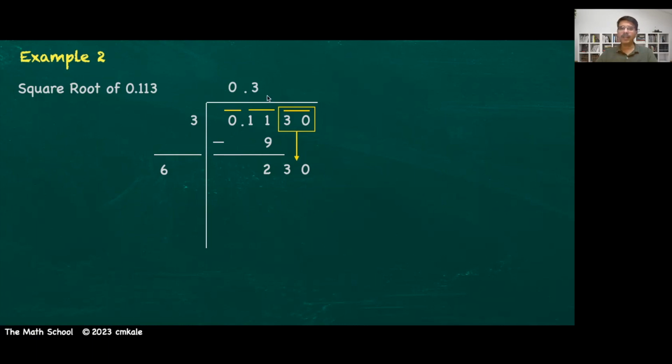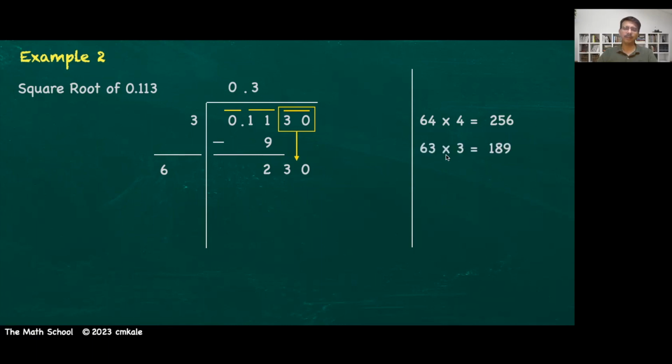Now we need to find the second digit of the solution. So 6 into 10 is 60, right? 6 into 100 is 600. And 60 into 5 is 300. So maybe something like 4 or 3 is what we can try. So let us see. 64 into 4 gives us 256, which is higher than 230. So 4 won't work.